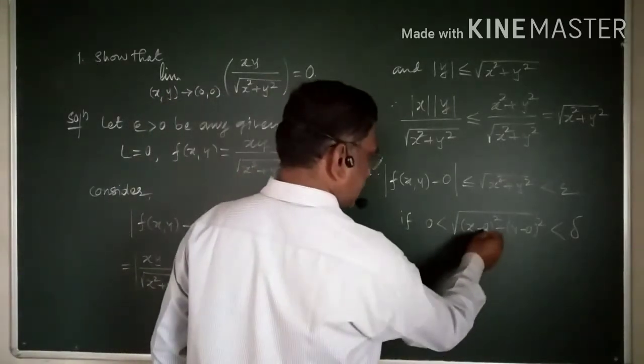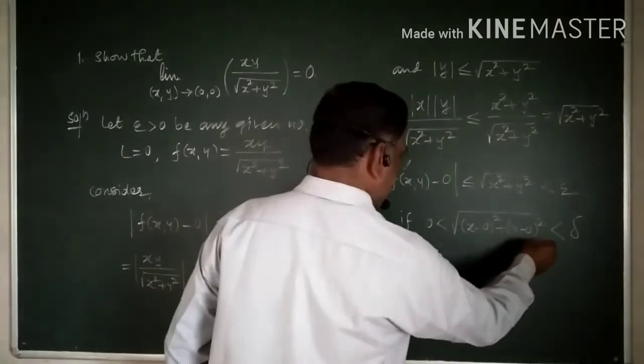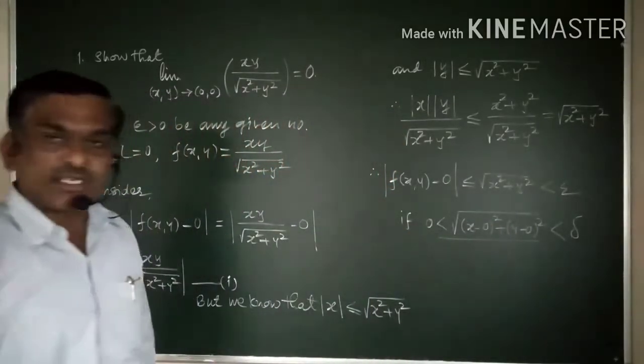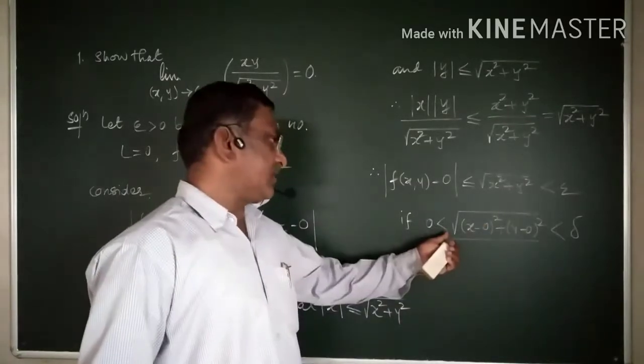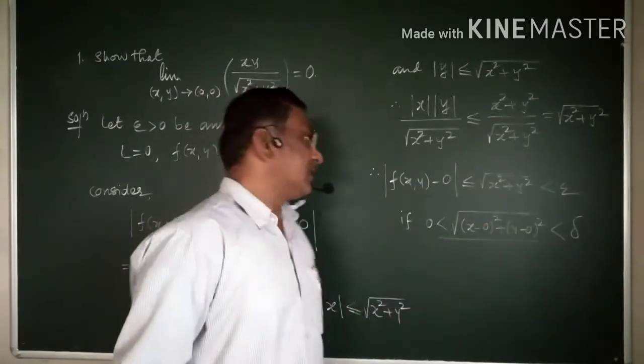Now, this is nothing but, as per the definition of the deleted delta neighborhood of the point 0, 0, greater than 0 and less than delta.